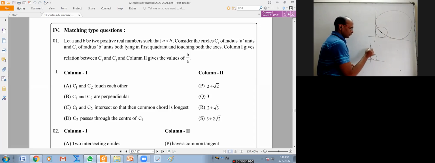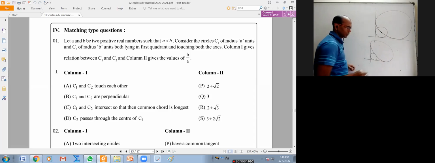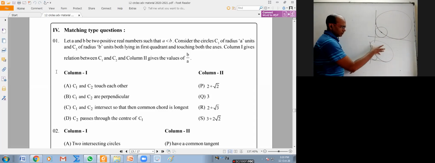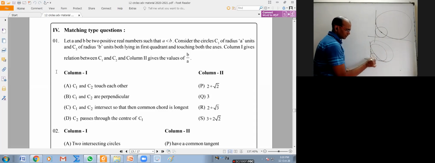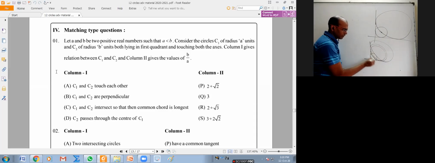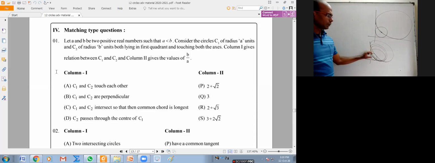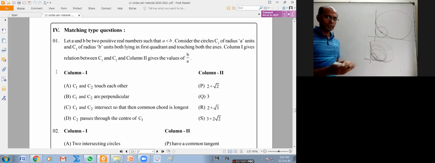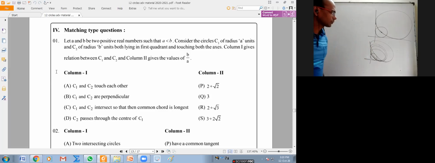One time the circle was here. Another time the circle was a little smaller and brought a little closer so that it intersects orthogonally. Later on it was brought so that it passes through the center. It got a little smaller still, where the common chord is greatest. Basically, you can imagine one circle is fixed and the other circle's radius is changing. That's why B by A changes.